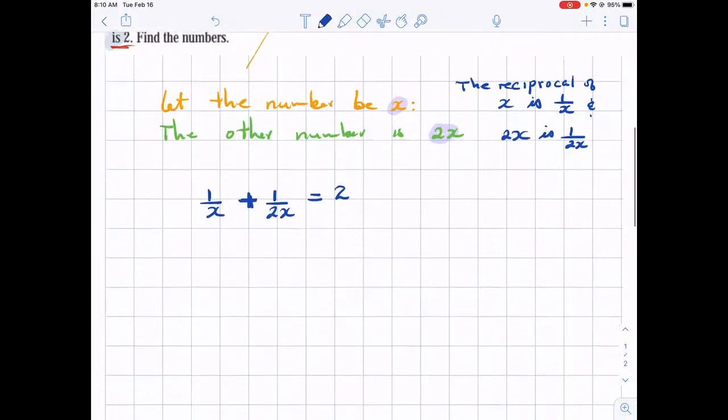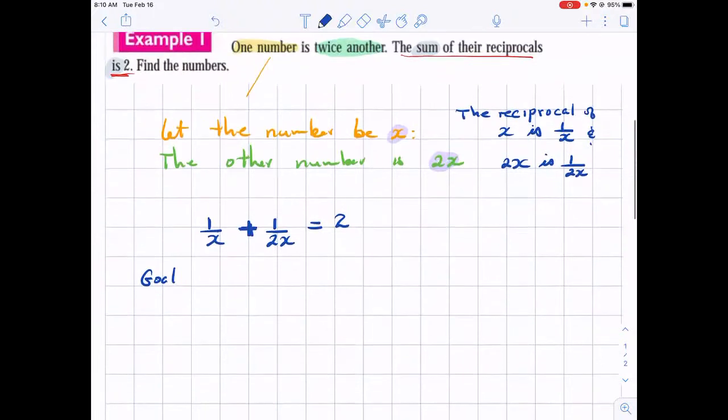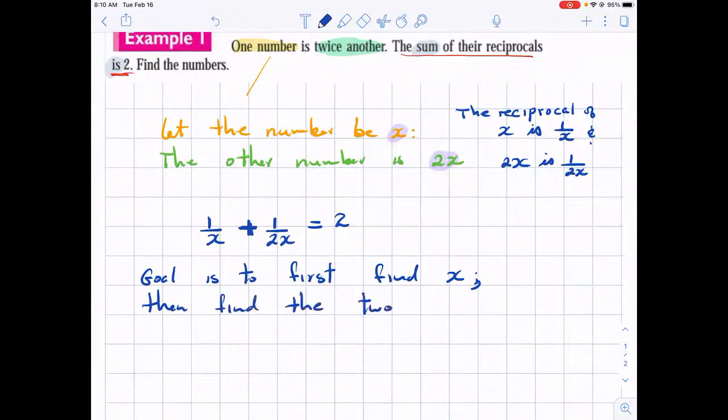So now we have to find our goal. This is to find the numbers. So the goal is to first find x, then find the two numbers. So that's our goal.